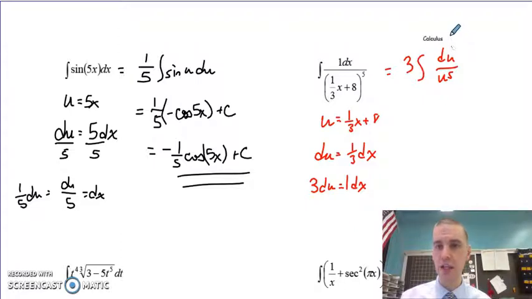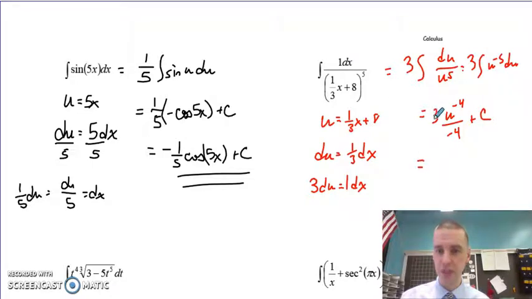Now another way to see this is just writing that as 3 integral of u to the negative 5 du. Well, we know how to take the integral of u to the negative 5. So we can say this equals 3 times u to the negative 4, notice that we're adding 1, over negative 4, plus c.